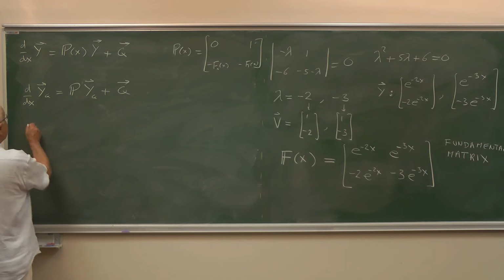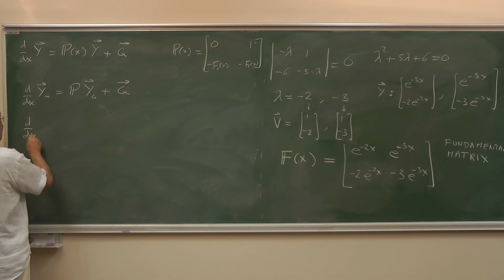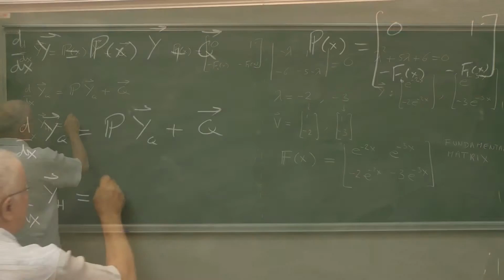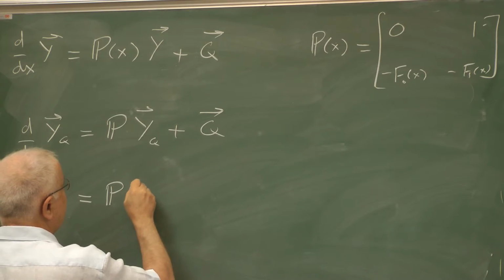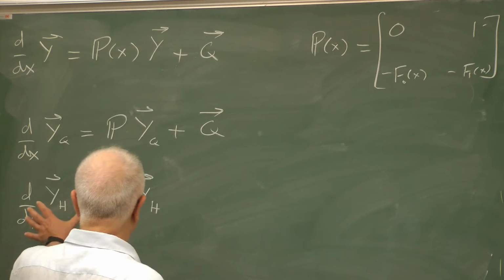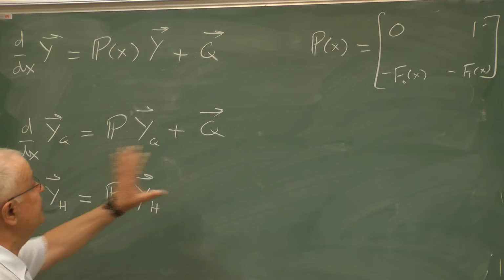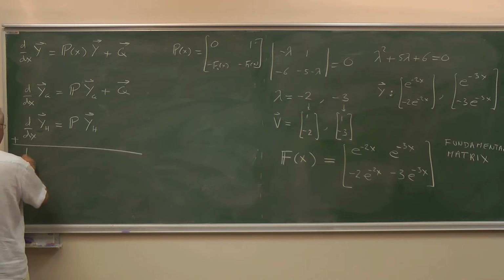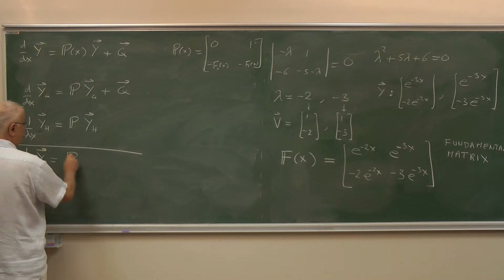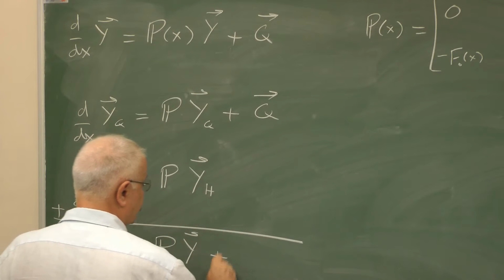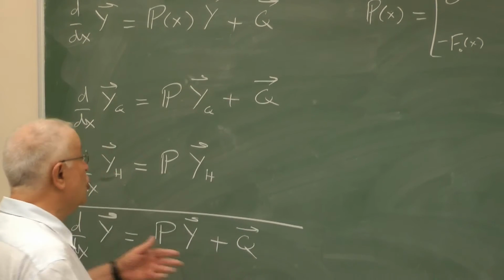But if I have a so-called homogeneous solution, where y homogeneous satisfies the q equals 0 case, and if I add them, I get d/dx of the most general solution equals the P matrix times the sum of these, again the most general solution, plus the inhomogeneous term.